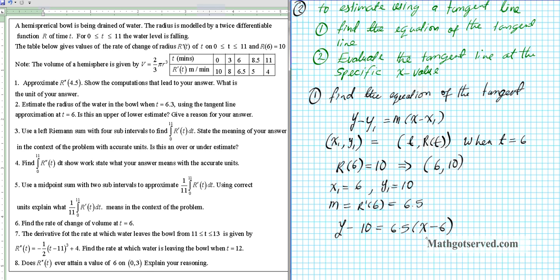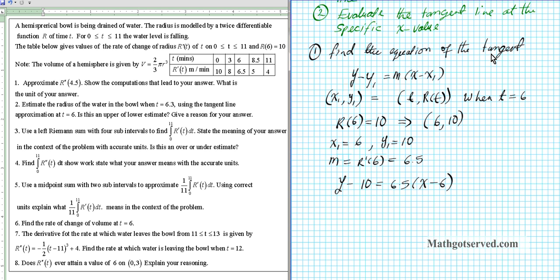Now let's isolate y so we can evaluate y at a specific x value. So we're going to add 10 to both sides, distribute that, and we're going to have y is equal to 6.5x minus 29. All right, so this is the equation of our tangent line, and is also what we can use to approximate or carry out the linearization around a neighborhood of t equals 6.